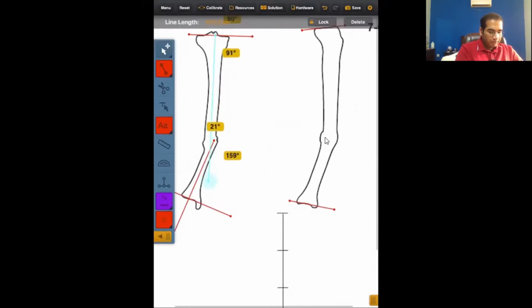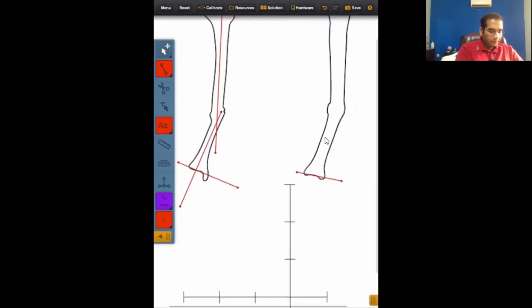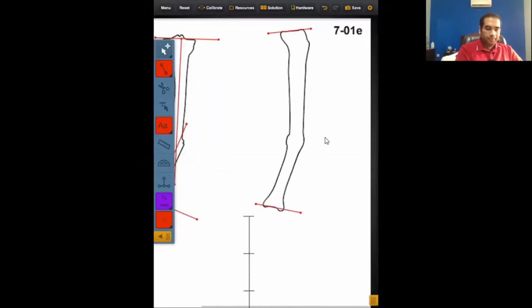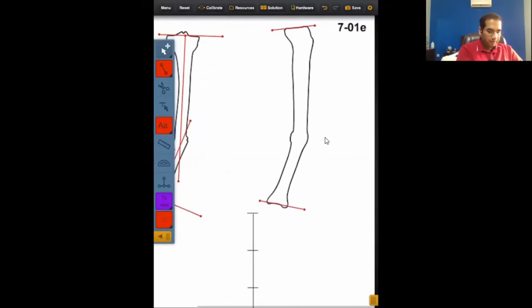So in this case, as you can see, it is a 20 degrees of deformity in the AP plane. I'm just quickly marking the points. Kindly repeat the graph.